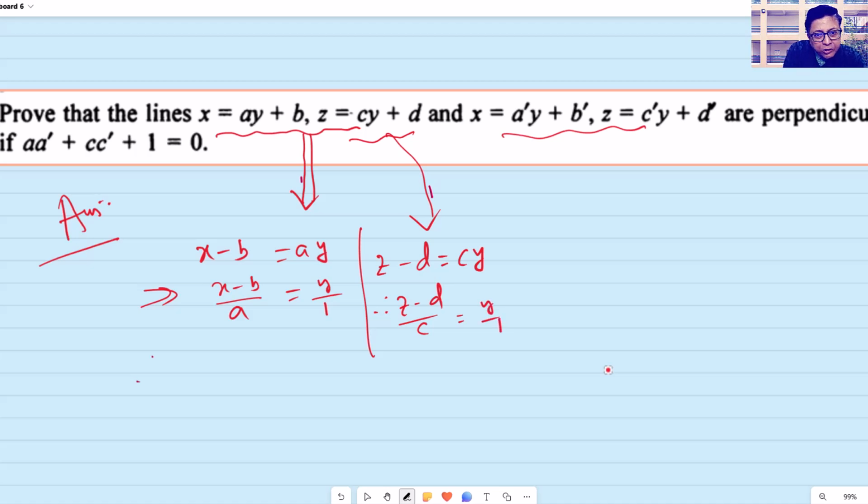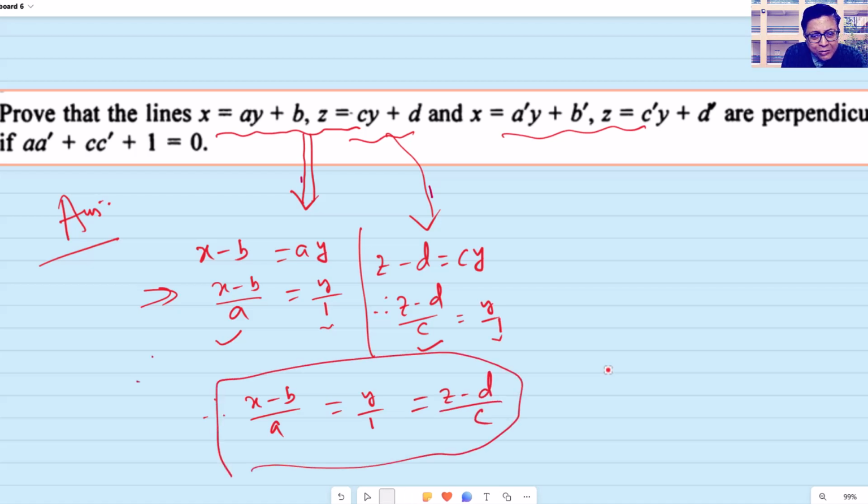Okay? So now y by 1 can be compared with this one, and we get the line in symmetrical form. Therefore, the required equation is clear? Understood? The first line I got in this form, which is known as symmetrical form. Direction ratios are a, 1 and c.